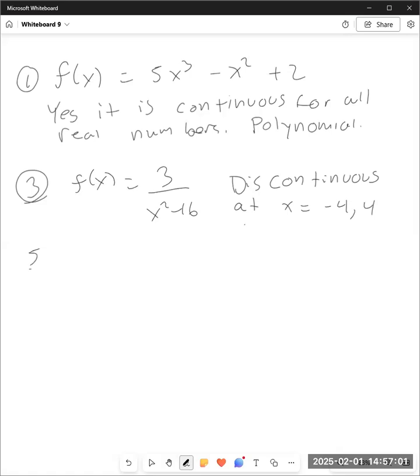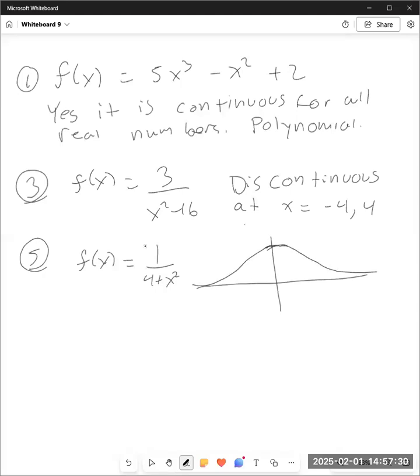Let's look now at number 5. And we have f of x is equal to 1 over 4 plus x squared. And you might need to consider the graph of that function before you can answer that, but it looks something like so. I'm not great at drawing this, but it's kind of bell curve shaped if you've seen a normal distribution.